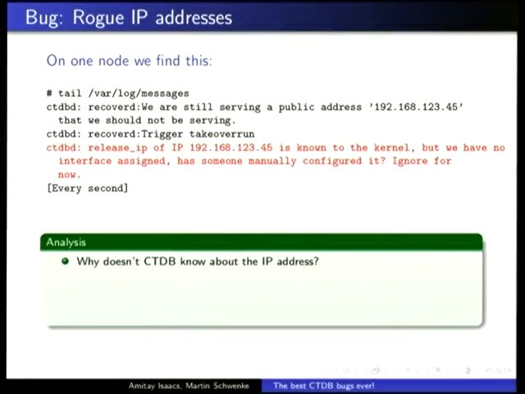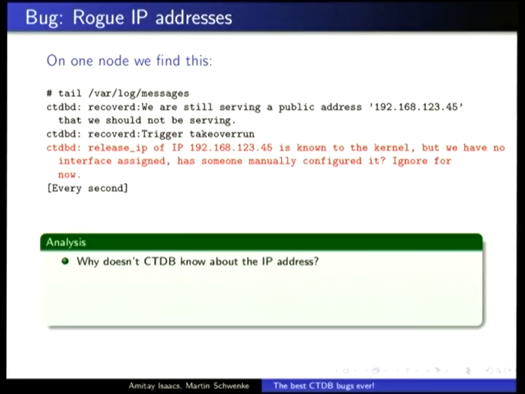So we look somewhere else and we see this idea that there's some IP address on an interface, but CTDB has forgotten about it. Or maybe it's been put there by somebody who added an empty bin IP command. And we see this every second.